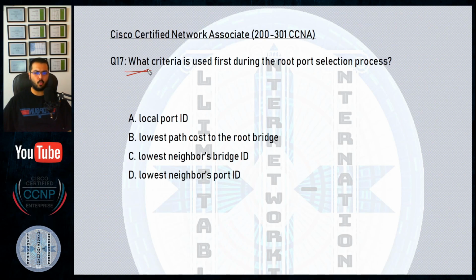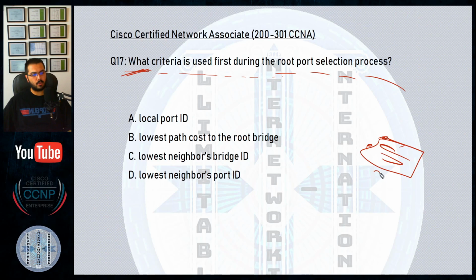What criteria is used first during the root port selection process? If I have a switch and it has multiple ports, what is the first thing that the switch will look at when it elects one of its ports to become the root port? This root port should lead me to the closest path that will reach the root bridge.